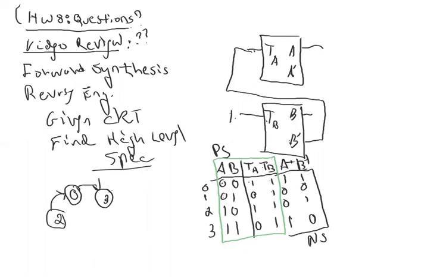Actually, that's 1 transitions to 0. Let's get an eraser here. Oh no, this says, yeah, 1 transitions to 0, 2 transitions to 1, 3 transitions to 2.